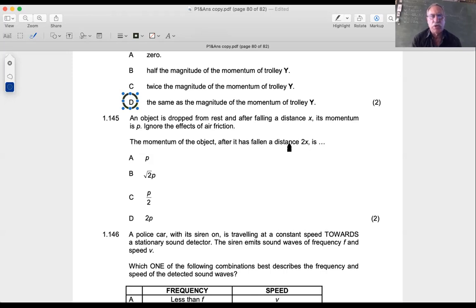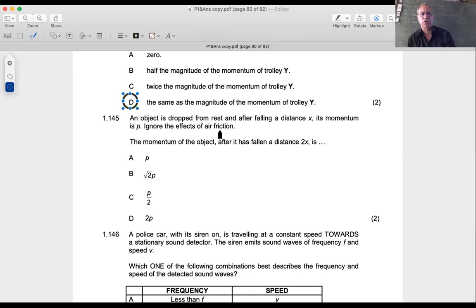Okay, so what formula are we going to use here? The amount of energy after it's fallen 2x is going to be doubled. Actually, its energy is doubled because of the mgh, where h was x. So its velocity is going to be doubled, I think.